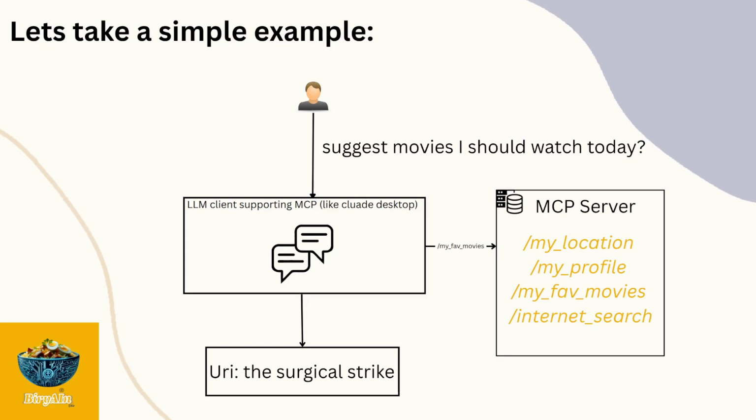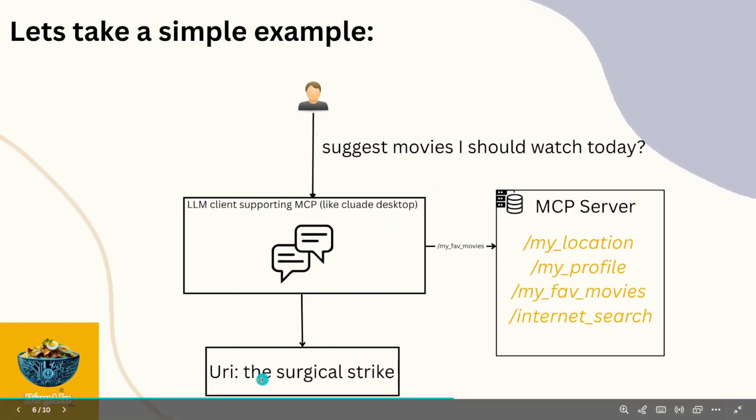So I asked it a question: suggest me movies I should watch today. It sees all the routes that are available to it. The most optimal route it should follow is to get all the favorite movies that I like, and according to that, suggest me a movie I should watch today. So it goes to slash my favorite movies, gets all the movies I like, and then suggests me a movie.